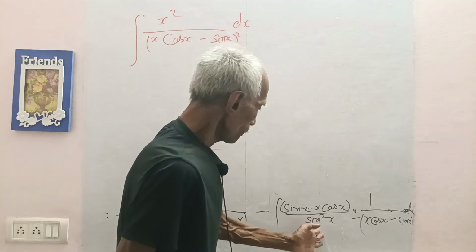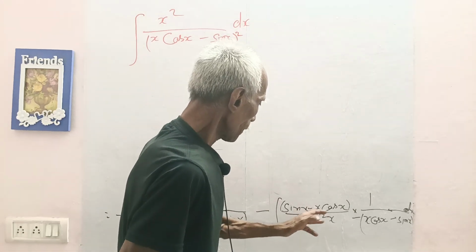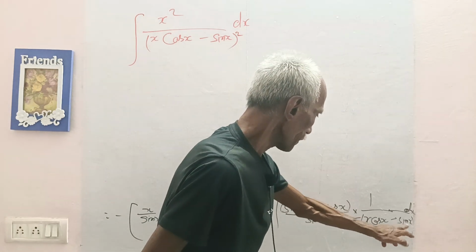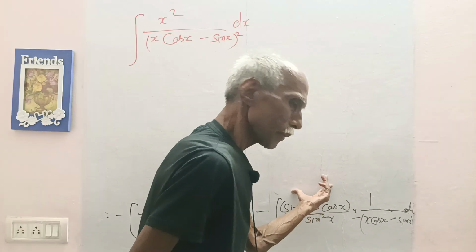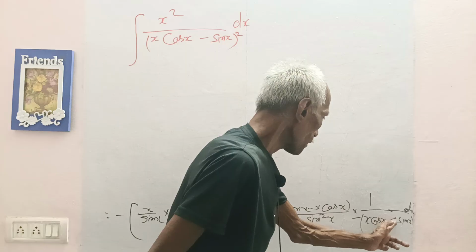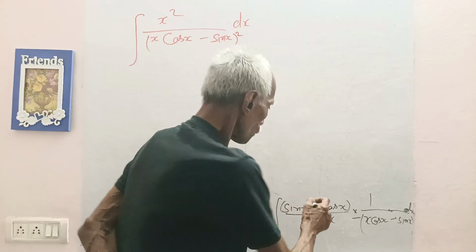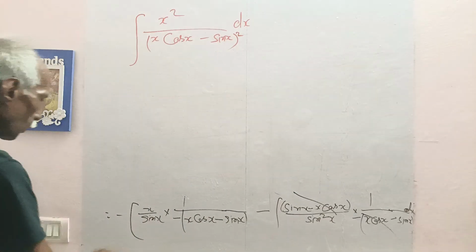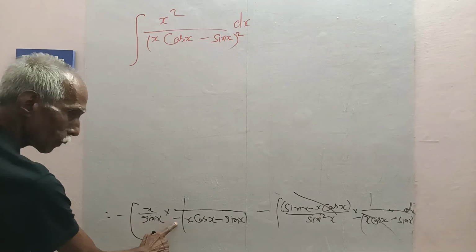Now pay attention here. This is sin x minus x cos x, and here is minus x cos x minus sin x. These both terms are same. Minus x cos x minus x cos x minus minus plus sin x sin x. So both terms will be cancelled. Now minus into minus plus.